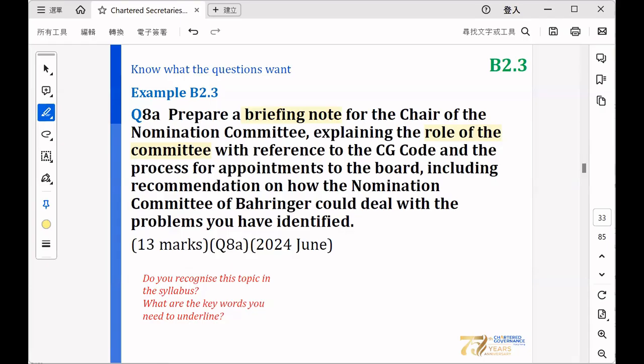So, what is the role of the board committee? You can see again this phrase, reference to the CG code, always comes up in the examinations. I use a different color for that.